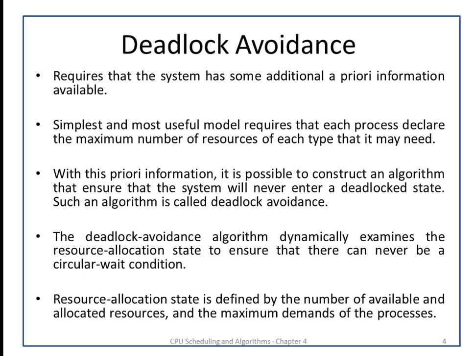Today in this lecture we will see deadlock avoidance. Deadlock avoidance means taking precautions so that there will not be deadlock in the system. This requires some additional information during the execution of the process.